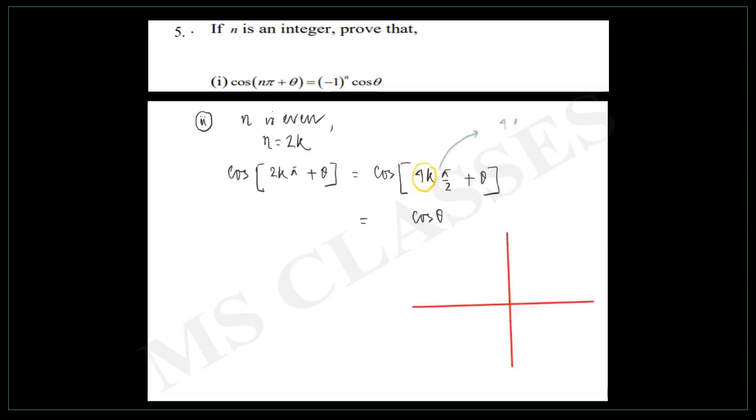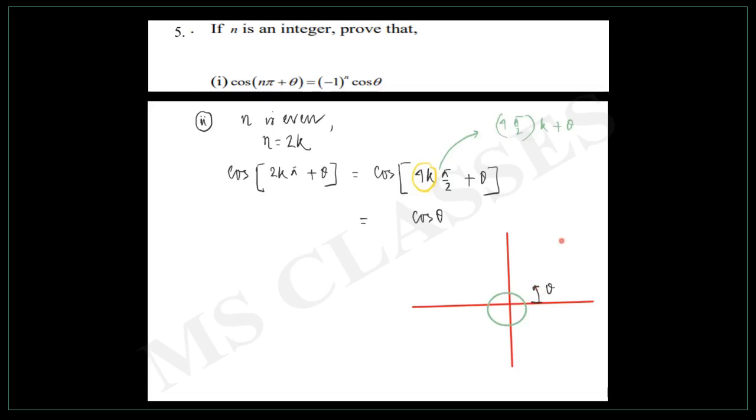It is 4 pi by 2 into k plus theta. How many circles? k circles. So after k circles, you are coming back here only. Now plus something, that is plus theta. It is coming in the first quadrant.